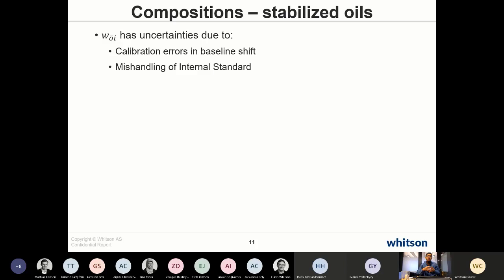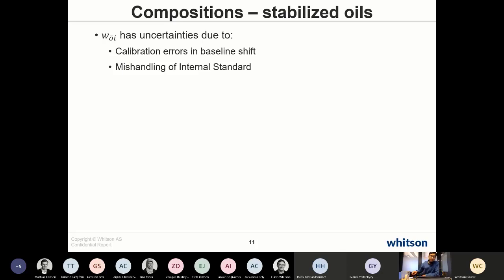And we will see how this information can be used to determine the composition of the samples that we are interested in, which is the separator oil sample composition, the bottom oil sample composition, or the recombined sample composition. That's something we will discuss in the coming slides. Very good, Gulnar.